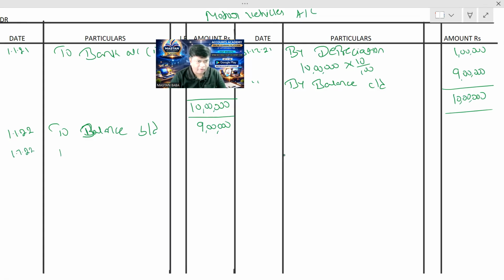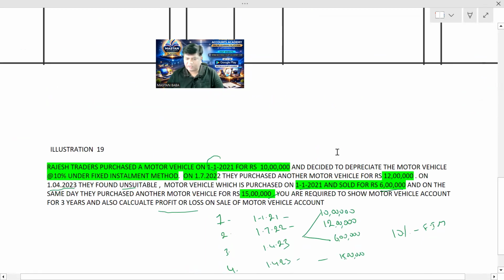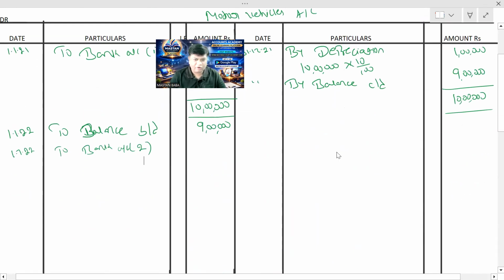So write it to bank account. This is the second motor vehicle they purchased; you can mention 2 in brackets. So 1/1/21, 10 lakhs. On 1/7/2022, they purchased another motor vehicle for 12 lakhs.